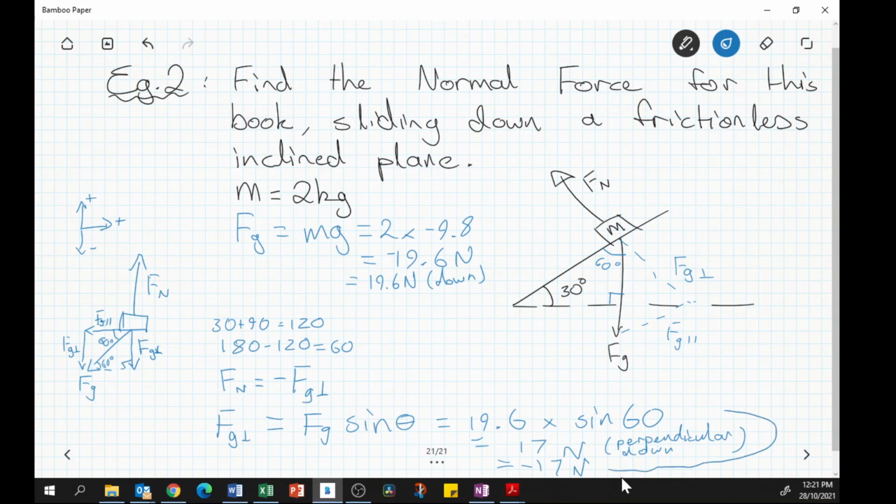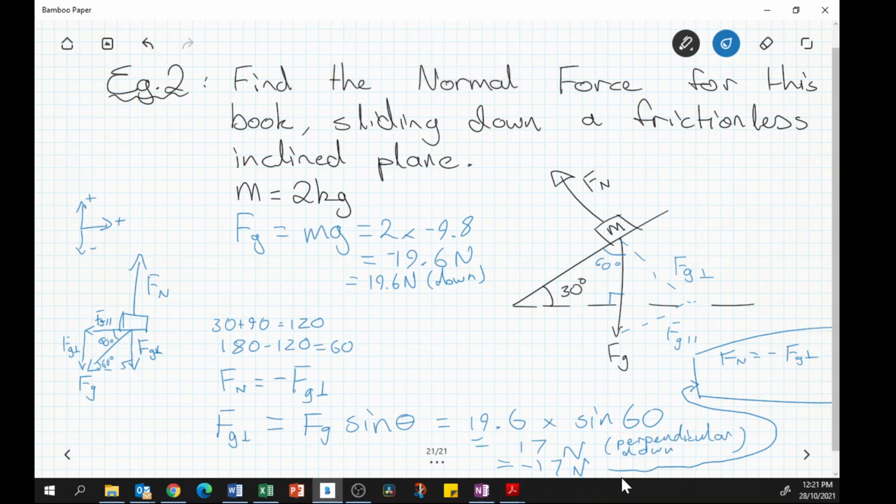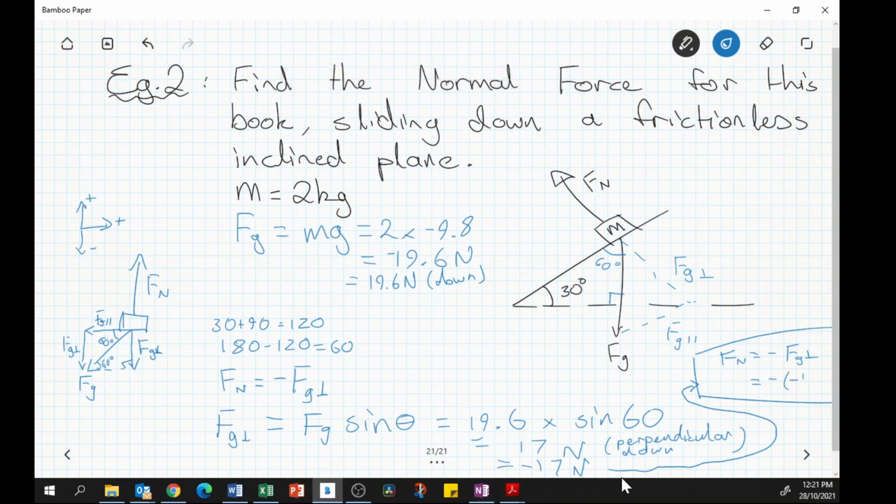Our normal force, Fn, is equal to the negative of Fg perpendicular. So our normal force is equal to the negative of negative 17, which is positive 17.